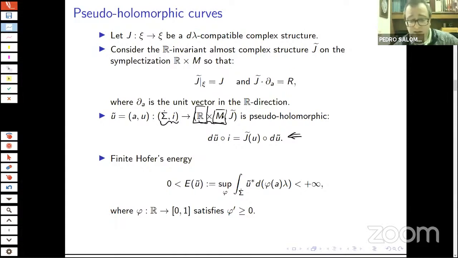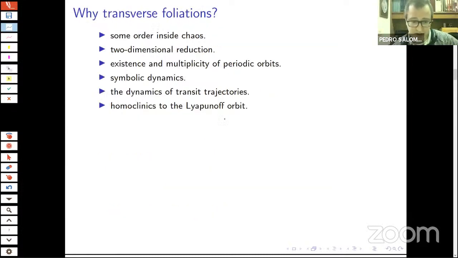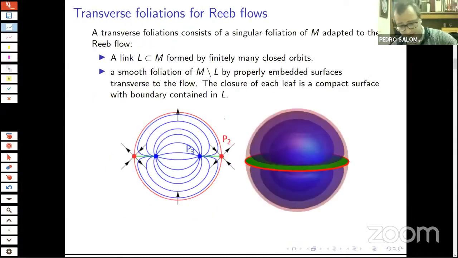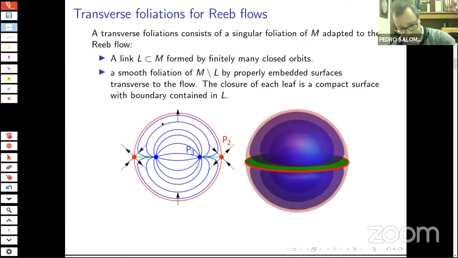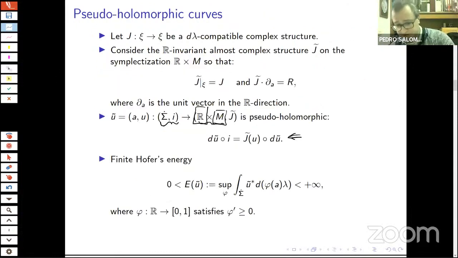And there is a notion of energy for these pseudoholomorphic curves, and the point is that when the energy is finite, these holomorphic curves approach the periodic orbits. So as in this picture here, we have cylinders and we have planes approaching these two periodic orbits, and that's what happens in general when you have a pseudoholomorphic curve with finite energy.